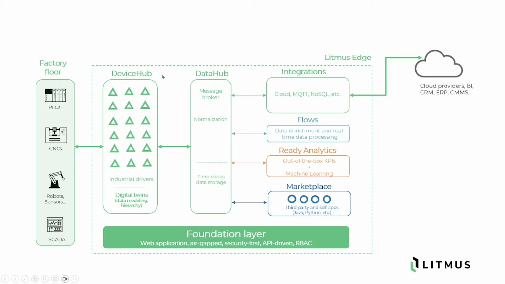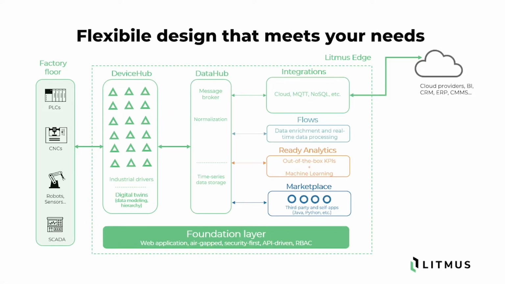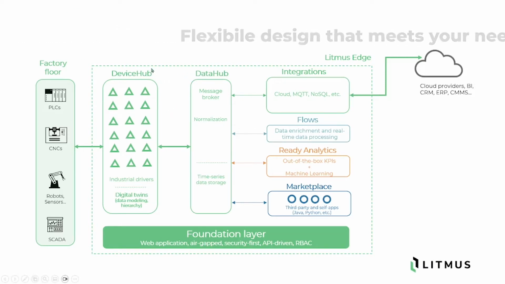So all of this is built into one platform, and based on our architecture, you can actually break these up if you wanted. You could have the Device Hub do the PLC connectivity in a set of multiple devices. You could have another Litmus Edge be the Data Hub or the message broker, and then multiple Litmus Edges as integrations or flows.